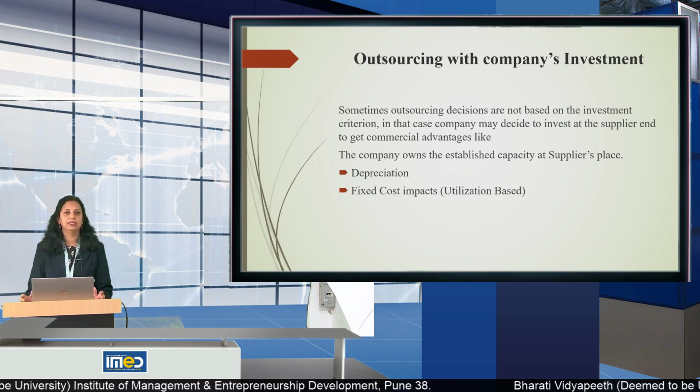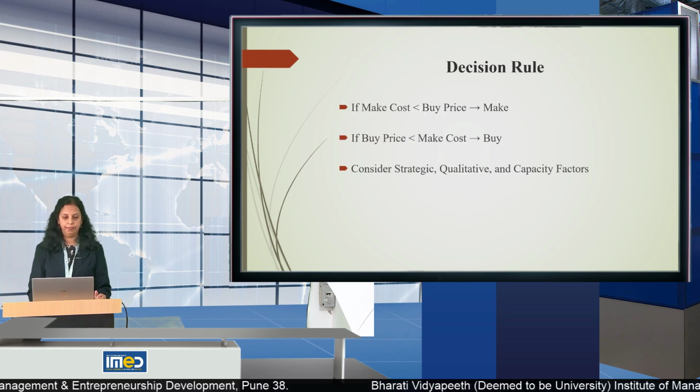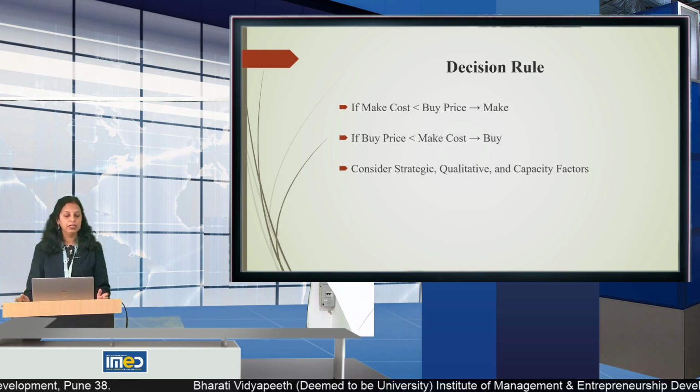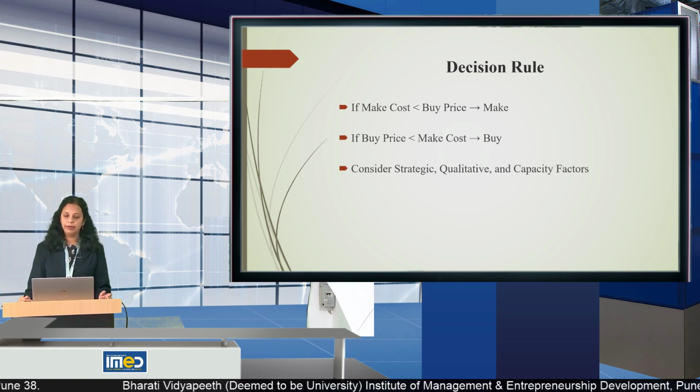Always it depends upon the discussions and negotiations between the company and supplier, and the company gets the advantage of this particular factor. So ultimately we have seen which factors we are going to consider while making the decision. The decision rule is very obvious: if the make cost is less than the buy price, you should make the product in-house.